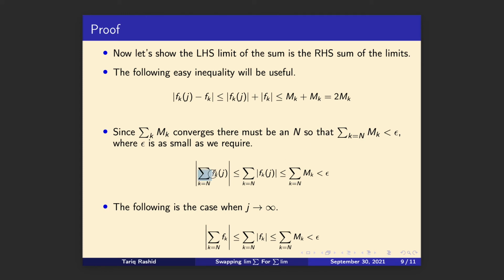So the magnitude of that series fk of j from n to infinity is, so we've taken the magnitude outside the sum, and if we apply the triangle inequality but with many terms, not just two, it's less than or equal to the sum of the magnitudes.